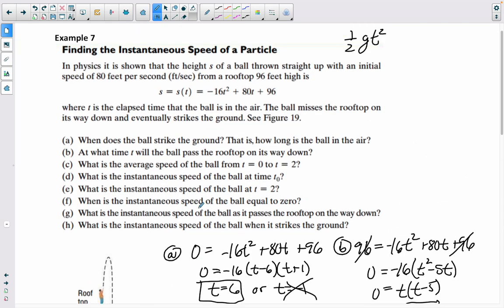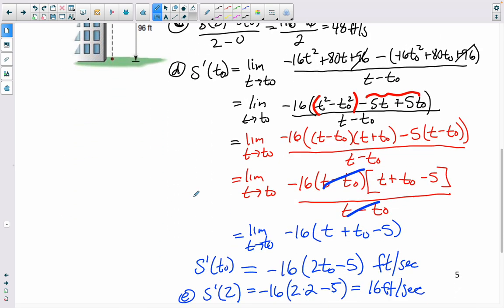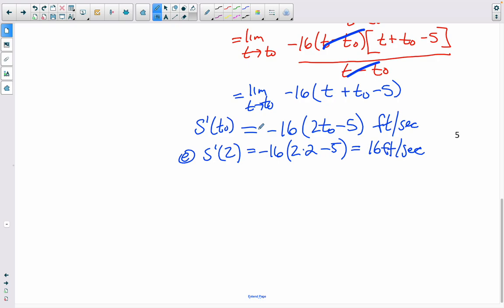Letter F, when is the instantaneous speed of the ball 0? So now I can take my S prime, set it equal to 0. So 16 2t minus 5.